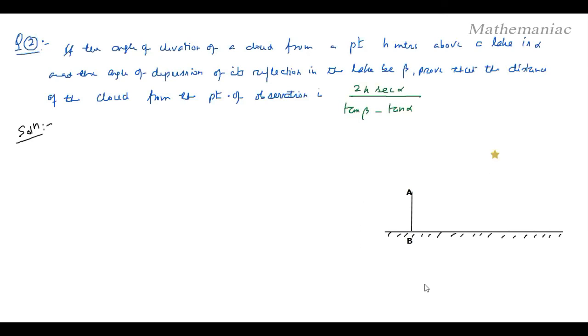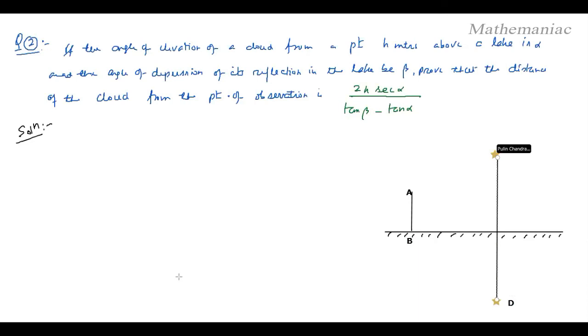So what will be its reflection? Its reflection, as you know, will be exactly below it at the same distance, right? This cloud I want to name as C, and the reflection I want to name as D. Now these two will be joined by a straight line.